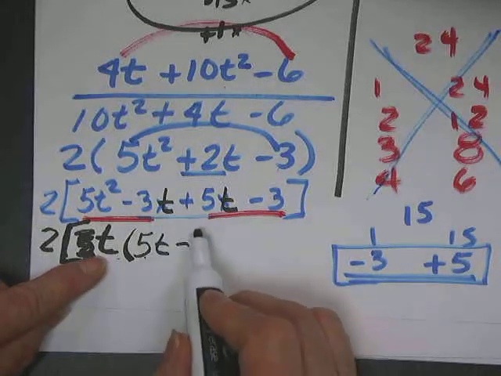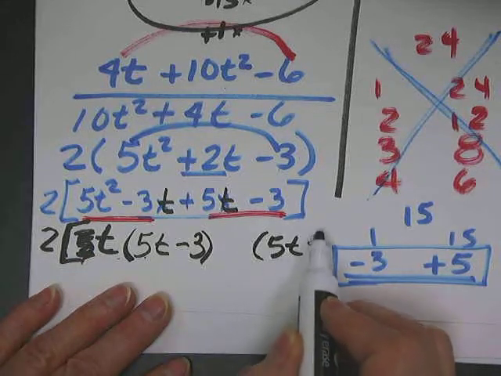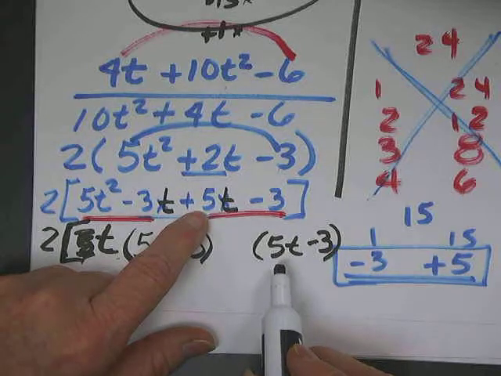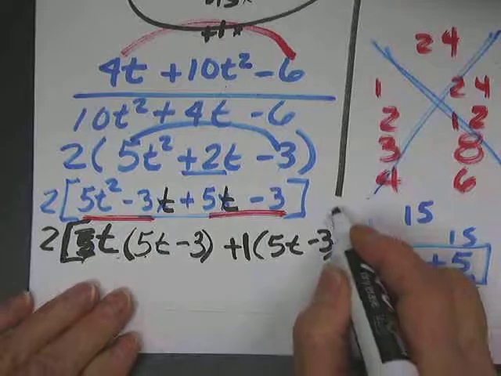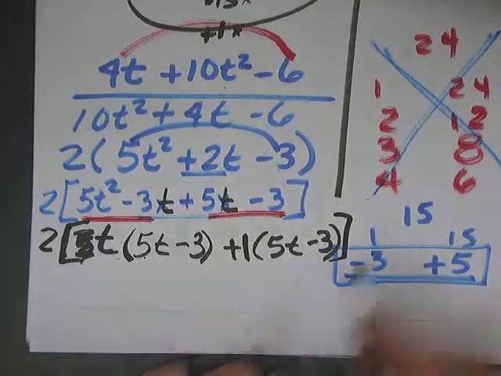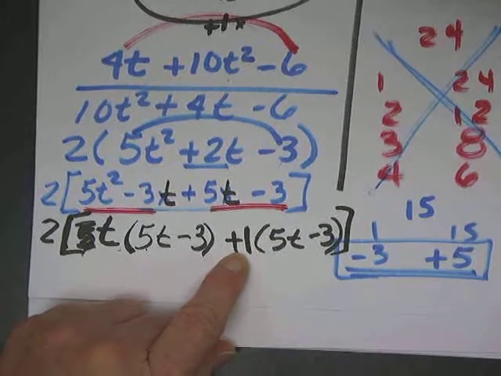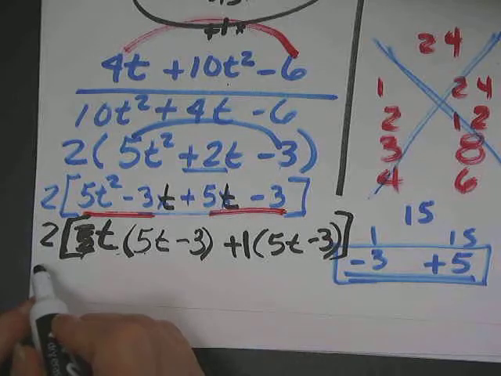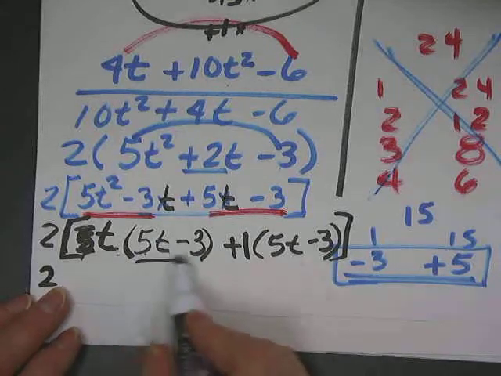Okay, the first one. 5 and a T, right? That gives you 5t squared. Okay, minus what? 3. This should come out to 5t minus 3 also. Is that exactly like it? Yes, so plus what? Plus 1 here.